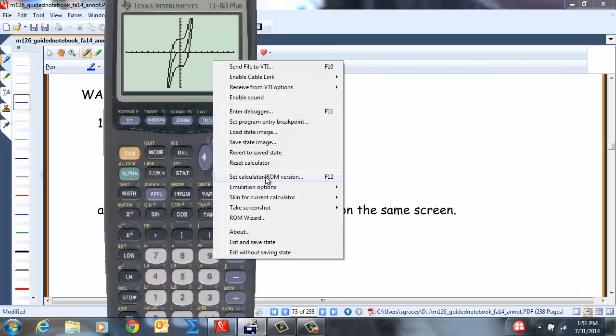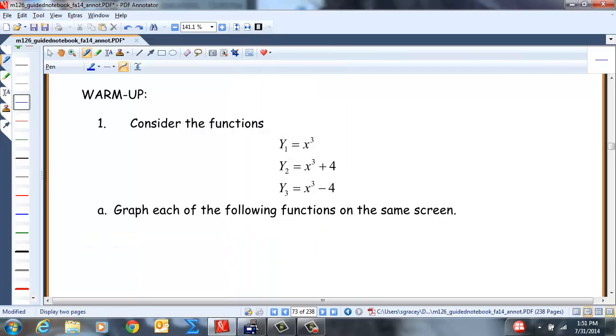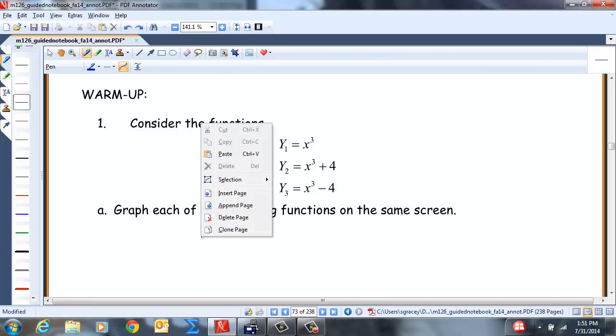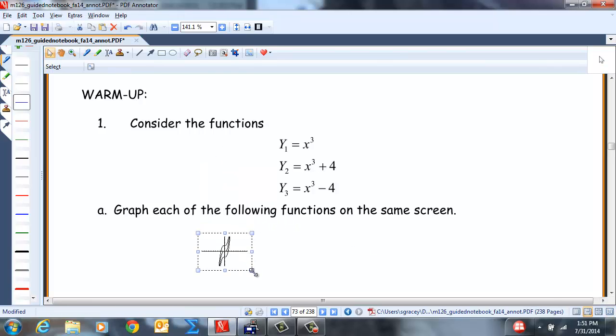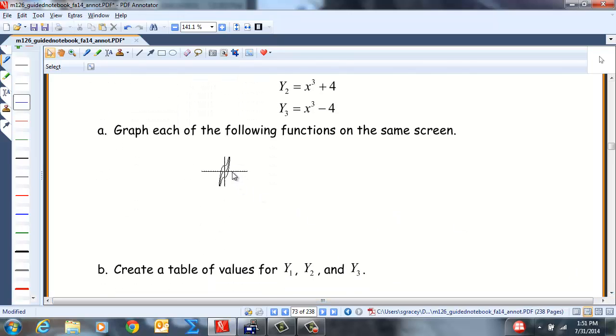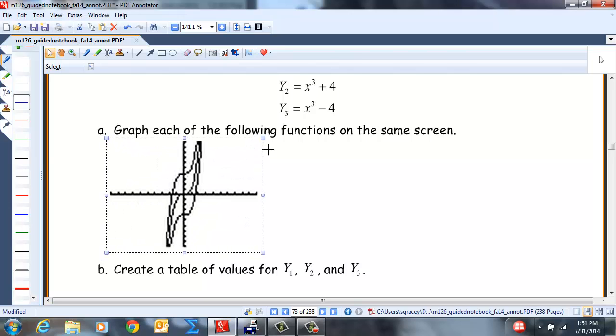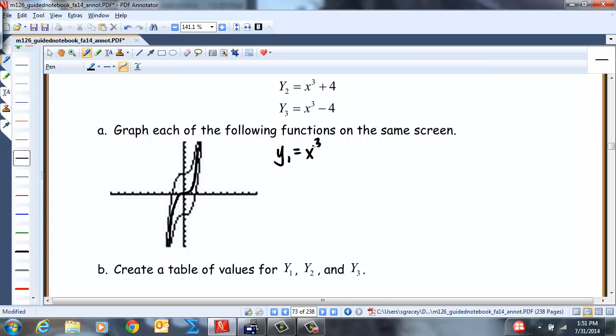Okay. If we take our screenshot here, make this a little bigger. In black, I'll do the original. The original graph looks like that. That's our y1 equals x cubed.